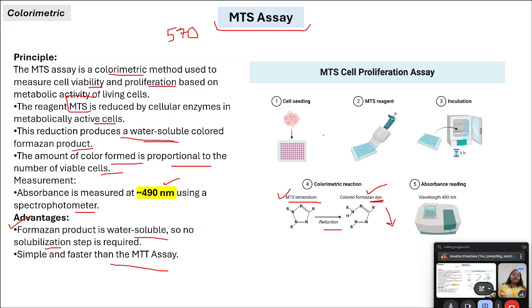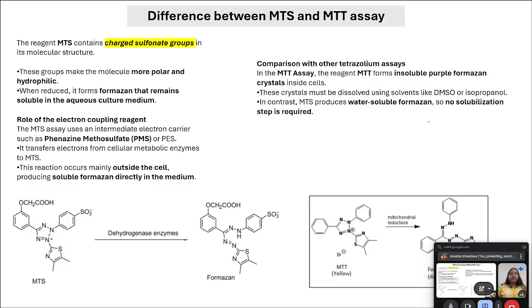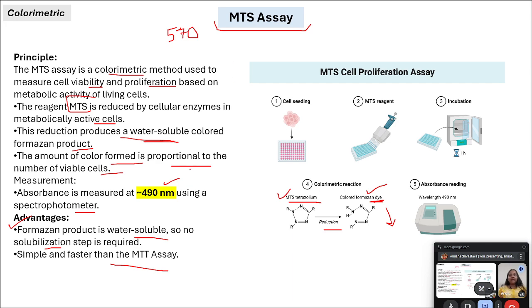Now moving to the next method of determining in vitro cytotoxicity. In this slide, I have simply mentioned that in MTS, these groups contain charge. Now the question is, as I have just told, that there is no need for the solubilization step. Why is there no need for it?